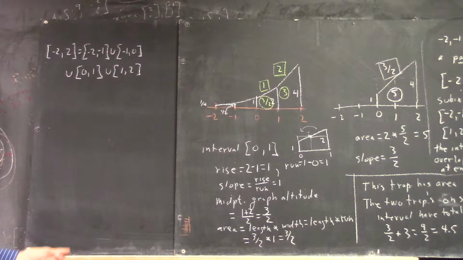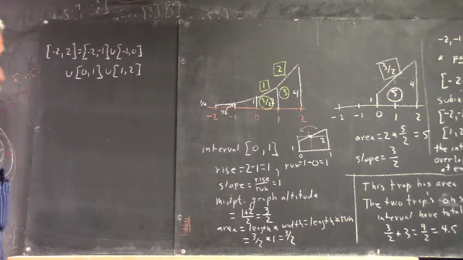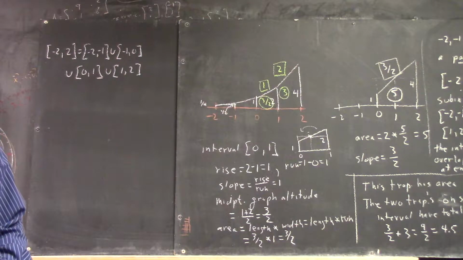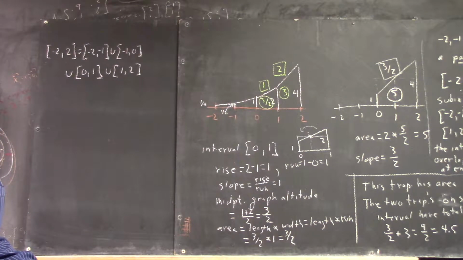You can understand the rigorous definition if you understand this one. The rigorous definition has half-open intervals for every interval except the last one. It doesn't make any difference for what we're doing right now, and it probably doesn't make any difference for anything you'll ever do. But if you do end up in higher level mathematics beyond your 2 years of calculus and a year of linear algebra, okay?